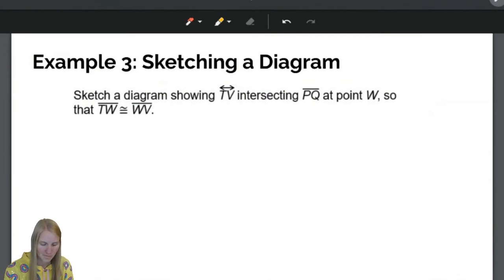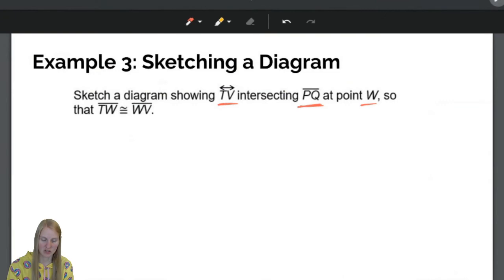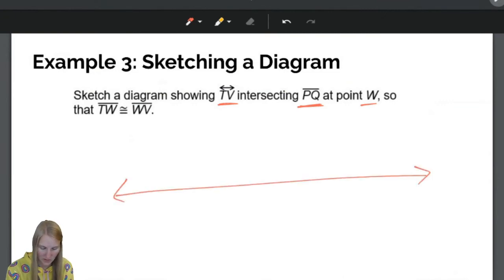Okay. Sketch a diagram showing line TV. Okay. I can make a line TV intersecting PQ, segment PQ, at point W. Okay. Actually, let's make this diagram bigger. All it's asking us to do is sketch a diagram, so we can make this as big as we want. So this is line TV.